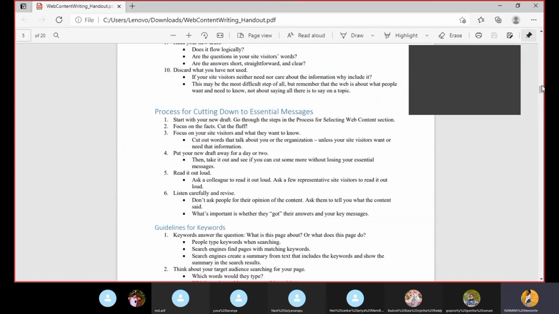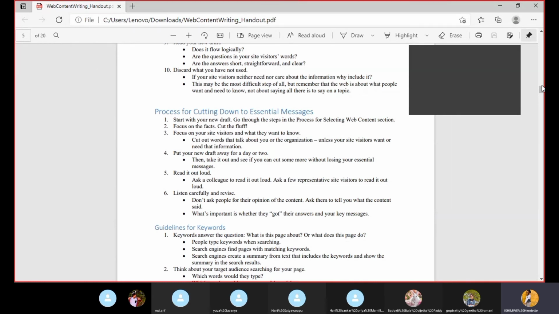And then the fifth step is reading out your draft loud. You take your draft and ask your colleagues to read it loud. You may also ask a few representative site visitors to read that content.